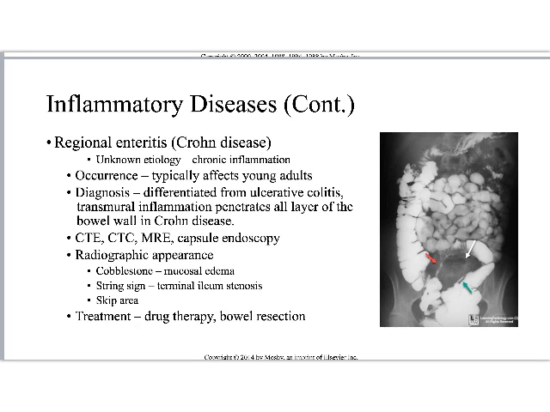The cobblestone appearance is going to be caused by mucosal edema, right? So within the mucosa of the intestine, there's edema going on and swelling. So we can kind of see that cobblestone appearance, I believe, as indicated by the white arrow here. Tiny little cobblestones in that area. A string sign in the terminal ileum, so that's a terminal ileal stenosis.